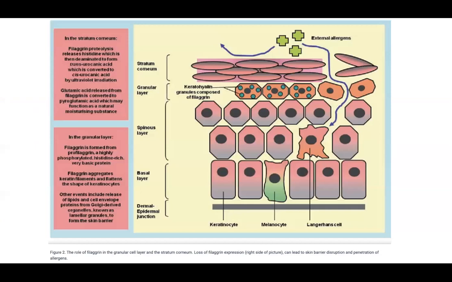Now, in the granular layer, filaggrin is formed from profilaggrin, which is a highly phosphorylated, histidine-rich, very basic protein. Normally, filaggrin aggregates keratin filaments and flattens the shape of keratinocytes. Other events include release of lipids and cell envelope proteins from Golgi-derived organelles, known as lamellar granules, that form the skin barrier.